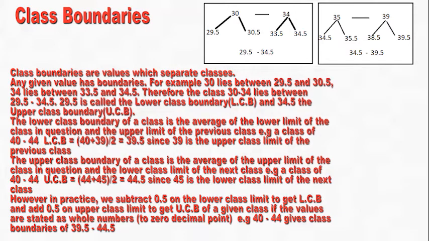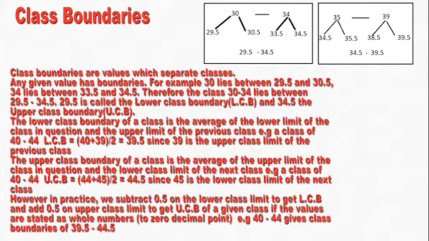The upper class boundary of a class is the average of the upper limit of the class in question and the lower class limit of the next class. For example, a class of 40 to 44 has upper class boundary as 44 plus 45 divided by 2, which is 44.5, since 45 is the lower class limit of the next class.